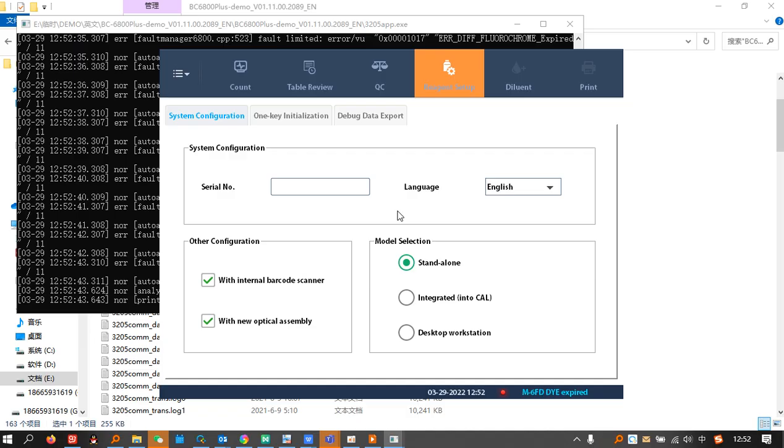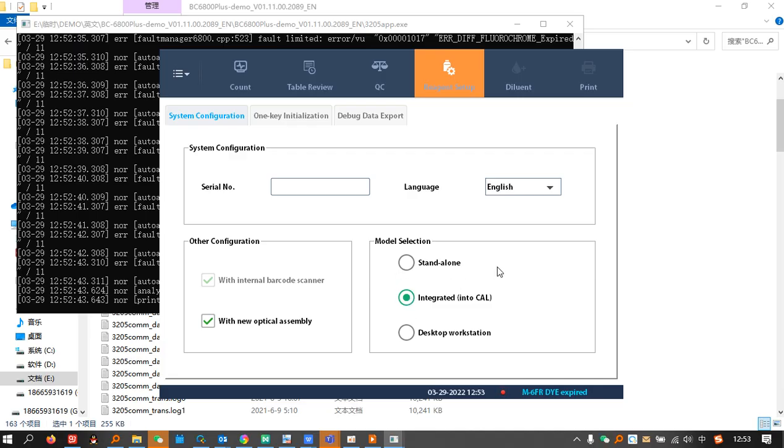When we upgrade the standalone to the KEL 8000, you can directly install it and then upgrade the software, no problem. After you upgrade, you can also select the different configuration here.